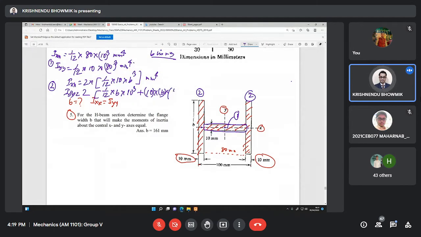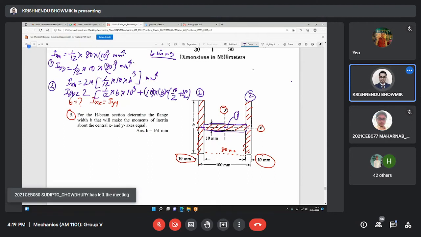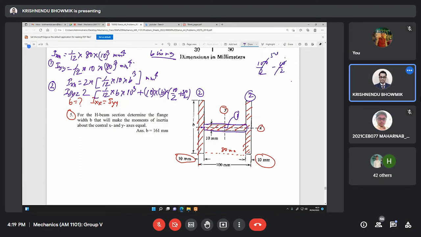This is 10 by 2 plus 80 by 2. But somebody can write this also, that 100 by 2 is total 50 minus 10 by 2, 45, correct? Here also 45.